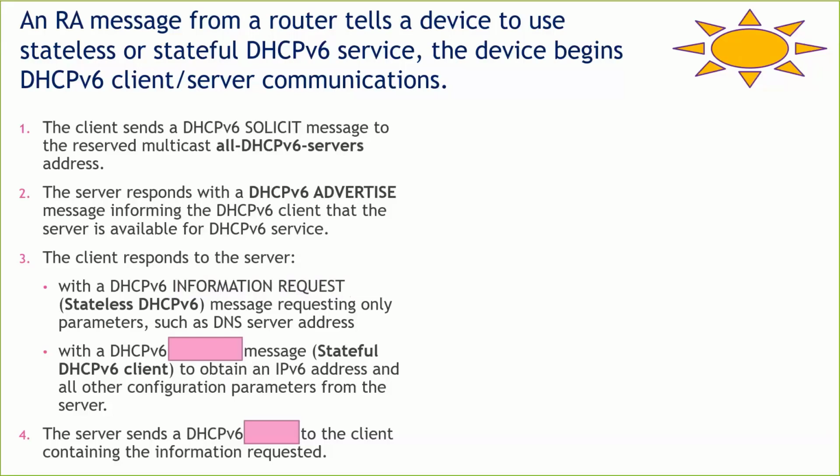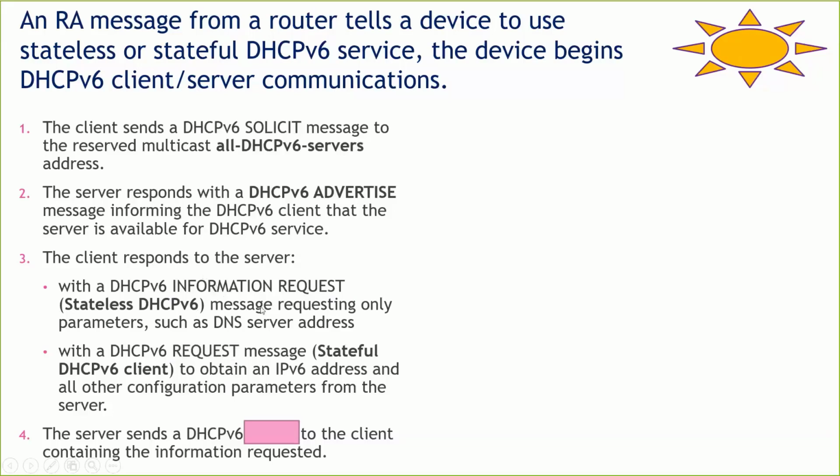Okay. And then with a DHCPv6 blank message, this is for a stateful client, to obtain an IPv6 address and all other configuration parameters from the server. This is the straight up request. So that's why there's a little bit of this variation, right?